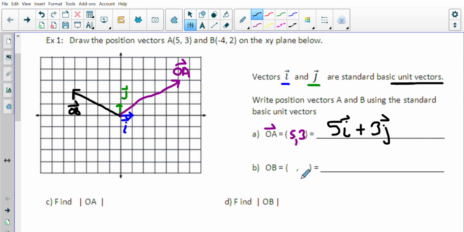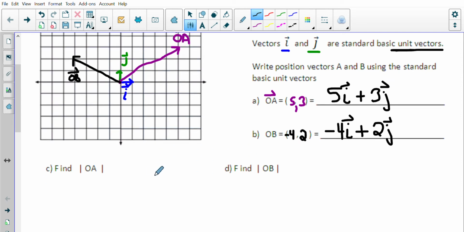Just like B, the point defined by (-4, 2): we went 4 to the left, so negative 4i, plus 2j, 2 up. So again, i and j are our standard unit vectors. i is your horizontal vector, and j is your vertical vector.